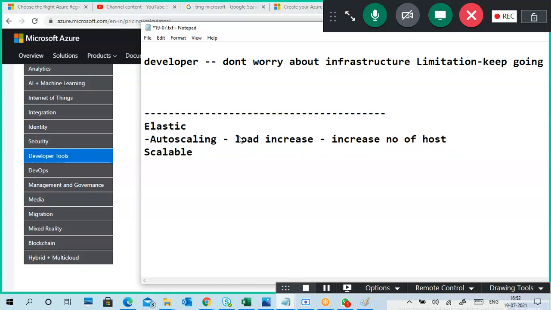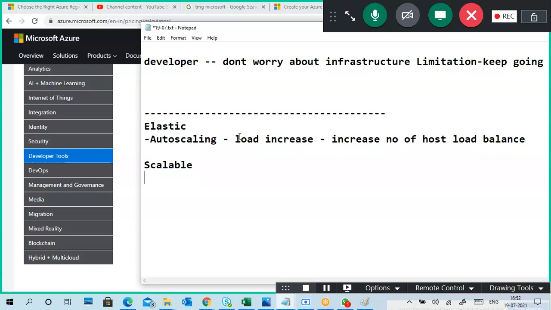For understanding, I put the number of hosts. Automatically, it creates a load balancer. That is very simple elasticity.